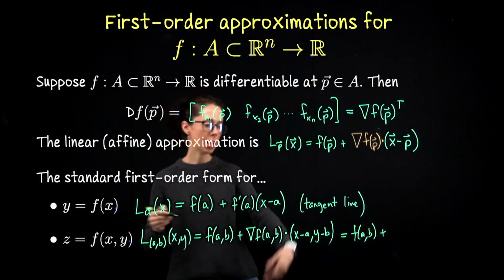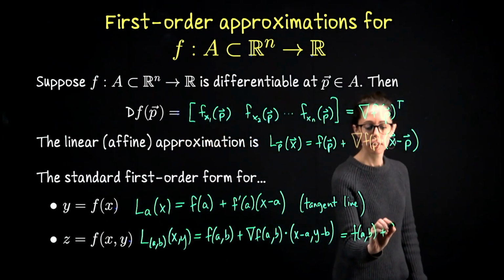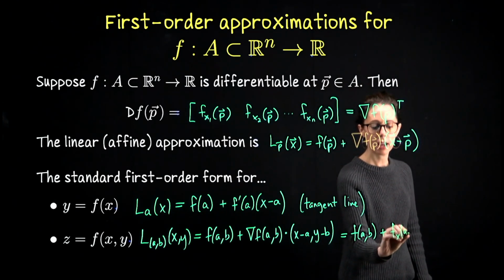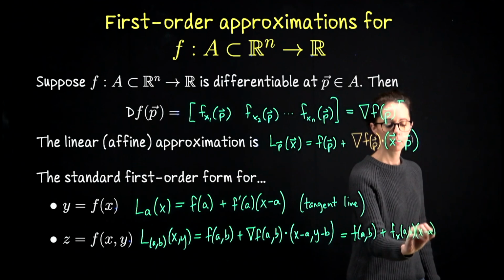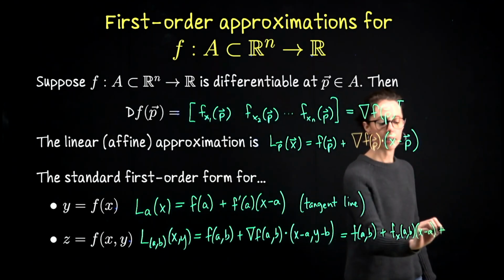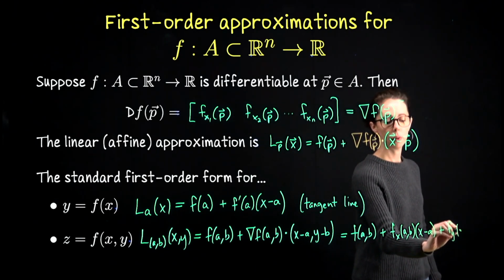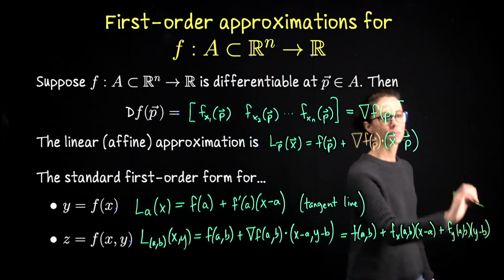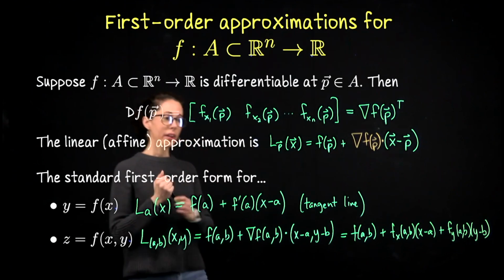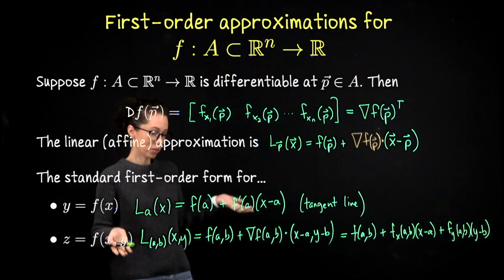So if I actually did this dot product, that would be df/dx at (a, b) times x minus a, plus df/dy evaluated at (a, b) times y minus b. Okay, so that's really all I wanted to say.